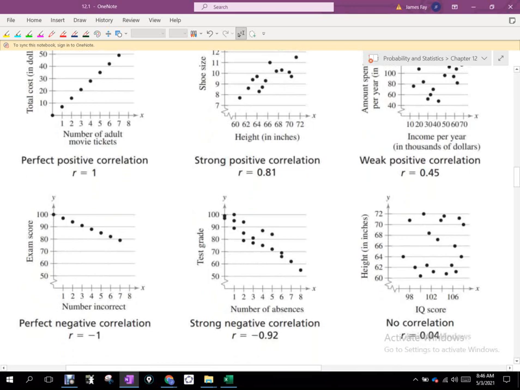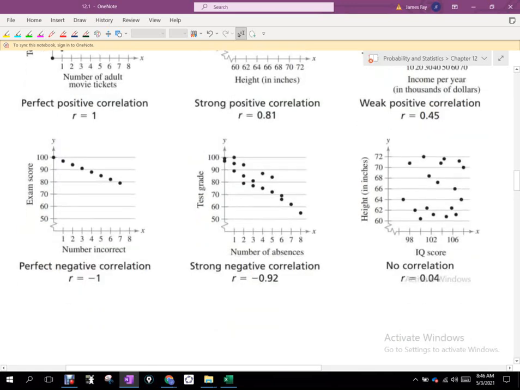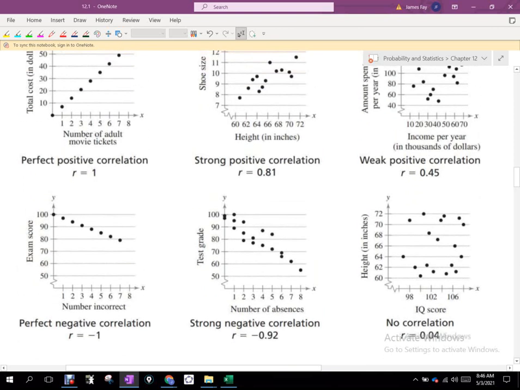Here we're working with a negative correlation, so there you're seeing a slope that is negative for the line. That's perfect negative correlation there. This one is a strong negative correlation. And then this one here, you can see that is very close to 0. Okay, so there's no correlation there. So those are the things that we would look for in a scatter plot.